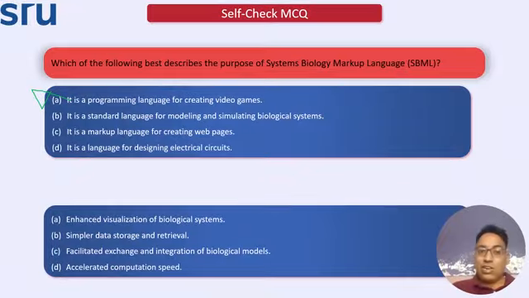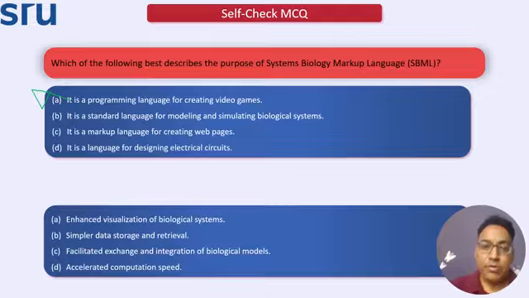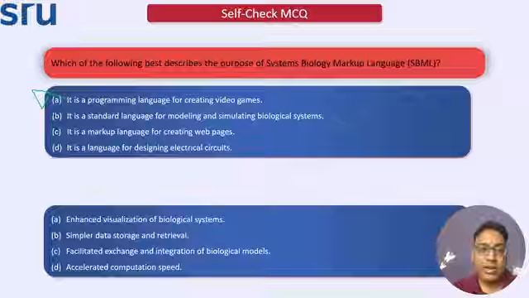It is a standard language for modeling and simulating biological systems. This is the correct answer. It is a markup language for creating web pages? That's HTML. And it is a language for designing electrical circuits? So these two are completely wrong.